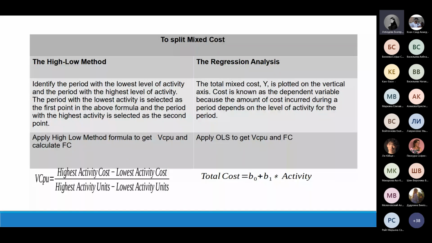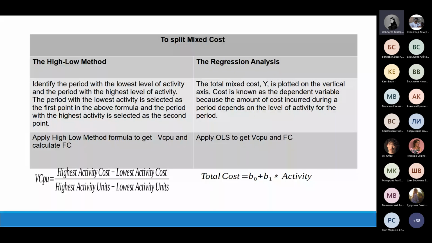In this case, we use the ordinary least squares approach in Excel or any other program, or even manually, to obtain this coefficient B1, which is actually variable cost per unit, equal to the variable cost per unit from the high-low method. Actually, they are not always equal, but they are very similar.